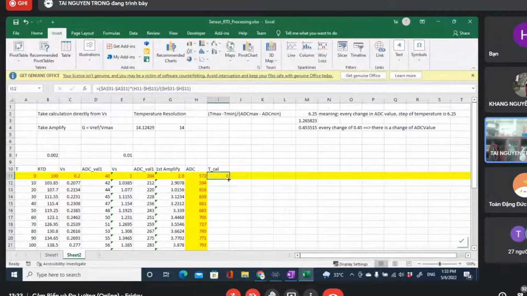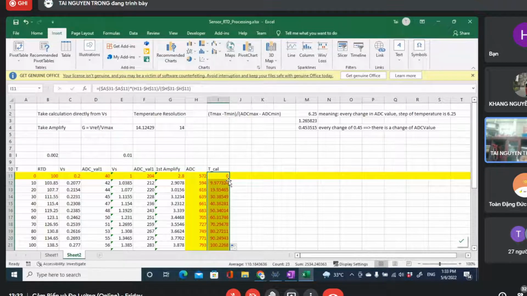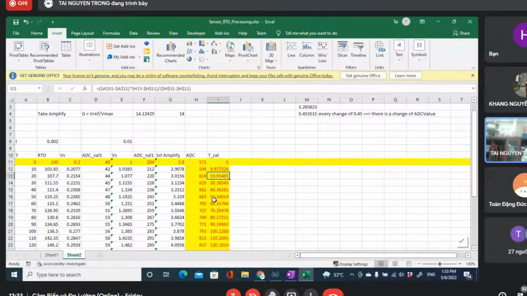Okay, that is the value, and here is the value of temperature that we take calculation from ADC value.